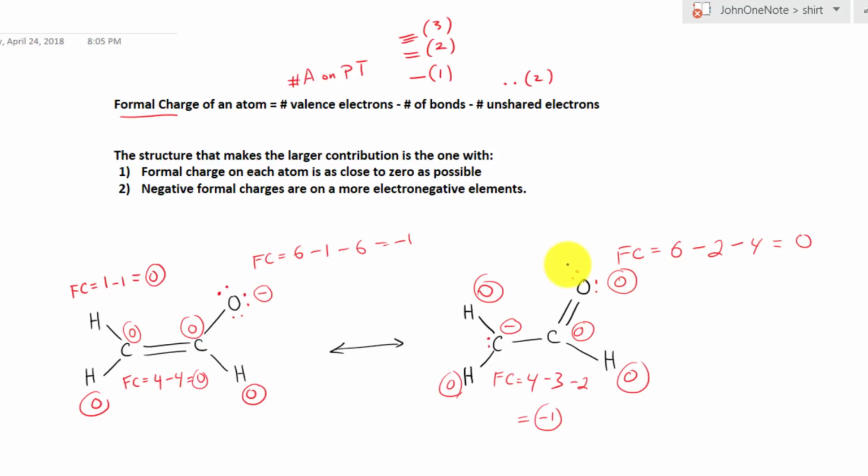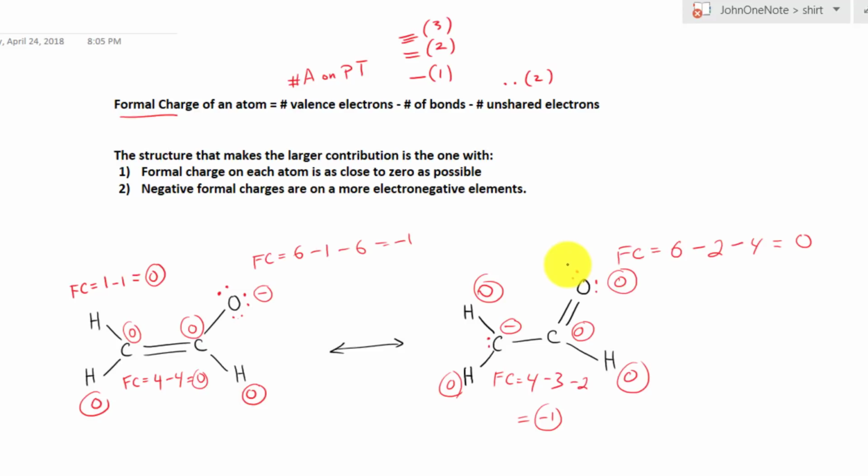Now, let's go back to look at the next most important thing on this particular topic. Once you determine the formal charge of each atom in the compound, we need to determine which of the two structures is more likely to occur in this hybrid. There's a hybrid of two structures.